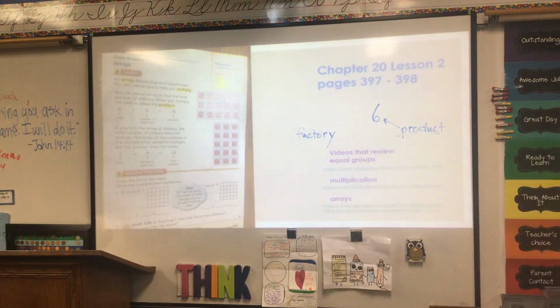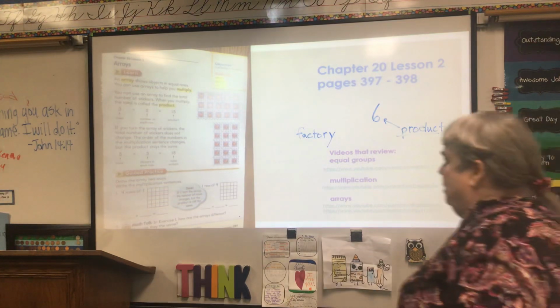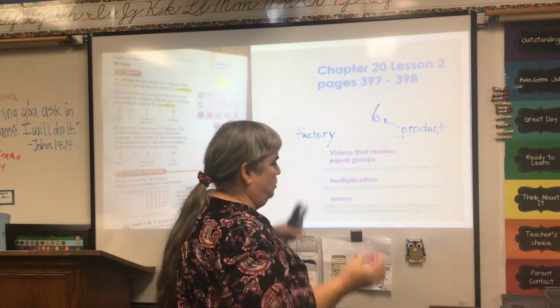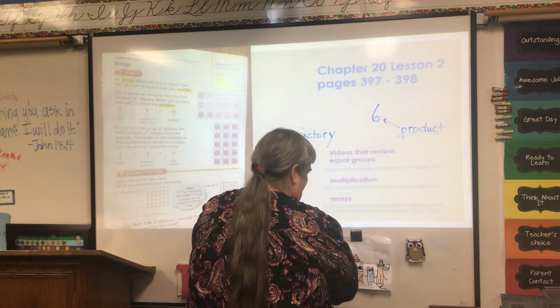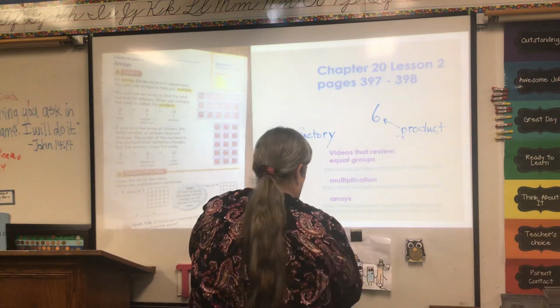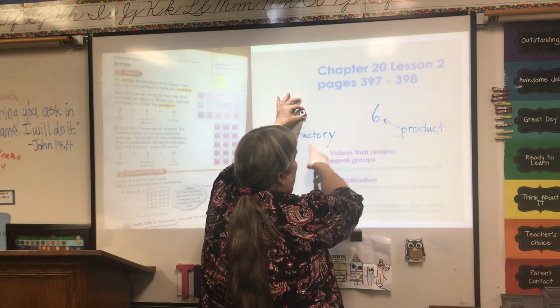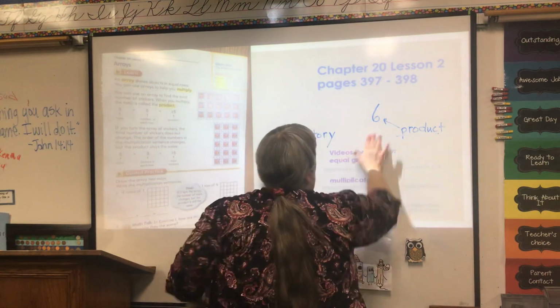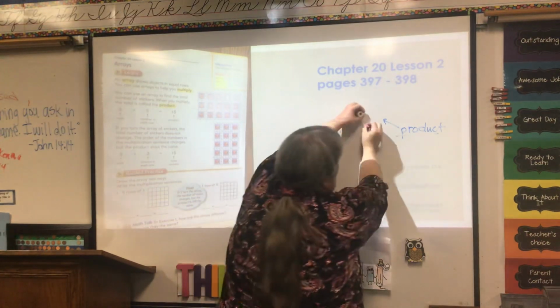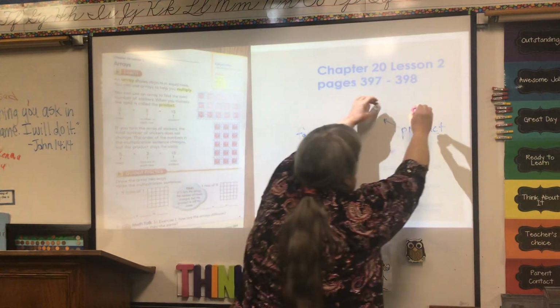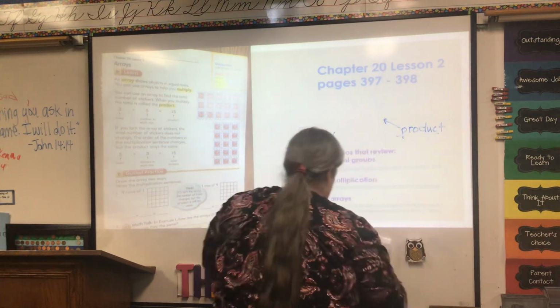And let me get a prop for you. These are donuts. And if I were to have donuts at the factory, then the product is how many donuts I have all together. So at the donut factory, the product they make is donuts.